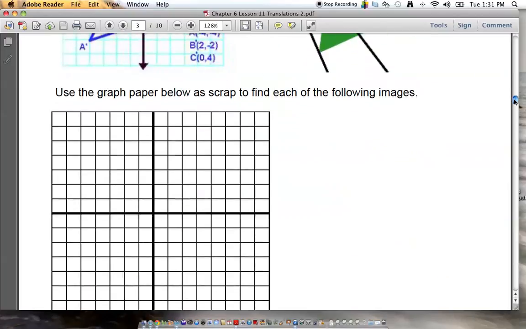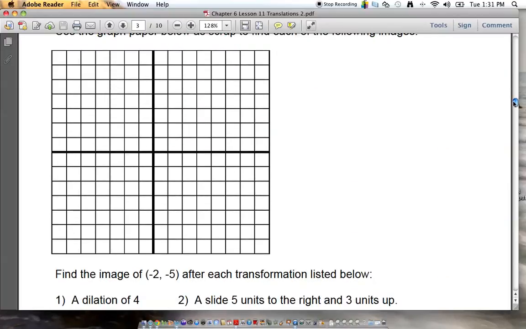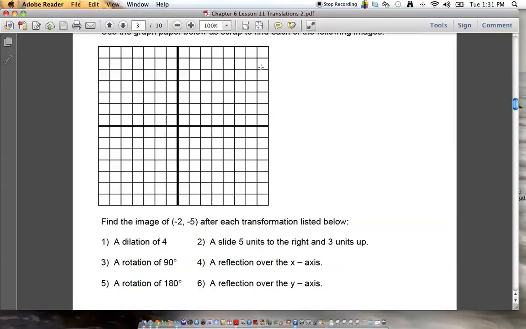Okay. Now, here we go. We're going to use this as scrap paper, the point (-2, -5). And we're going to do all 6 of these transformations to it. Start up on that. Let's see what you get. If you get stuck, you want to talk to the person next to you, feel free. I'll give you about 2 minutes to get that done, then we'll go over them.